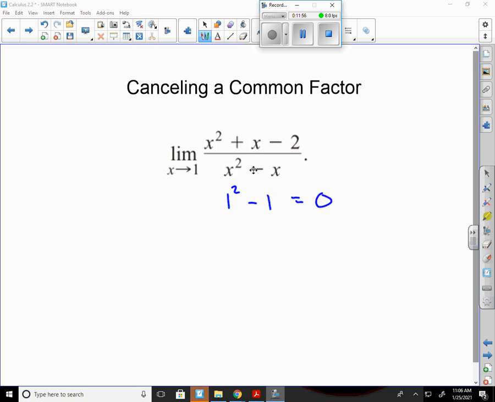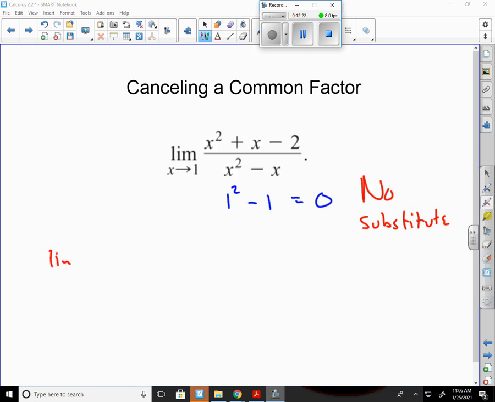So that would give me a 0 in the denominator, which means I can't just substitute in. So since I can't substitute in, it tells me I have to do something else before I can move on.